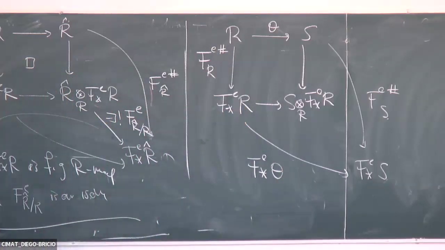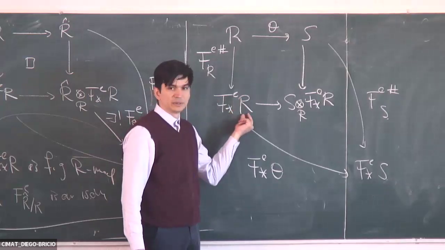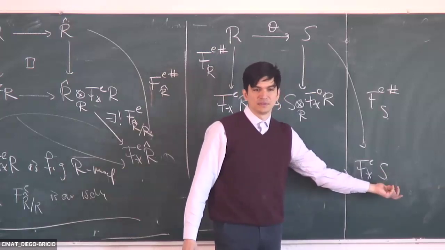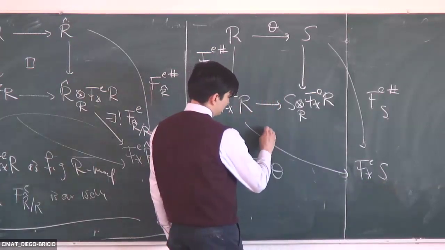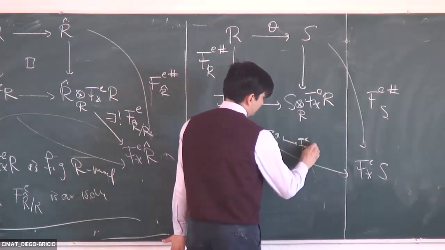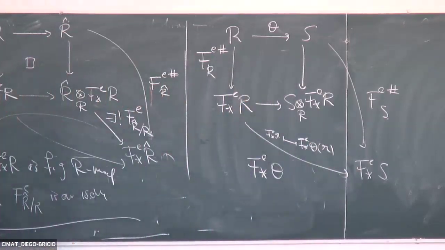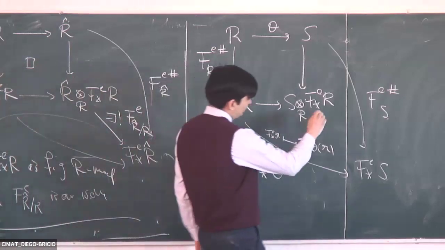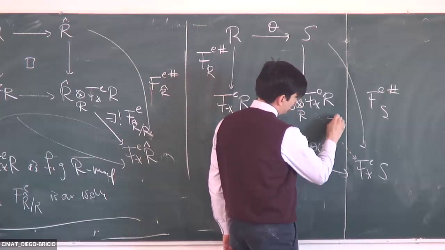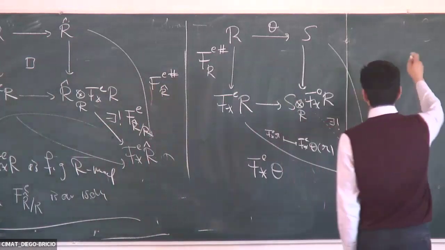So this is what you think it is, right? If you have F^e lower star little r, you send it to F^e lower star theta of r. It's literally just that. And so then you get a homomorphism here. There is a unique map here. What is that map?